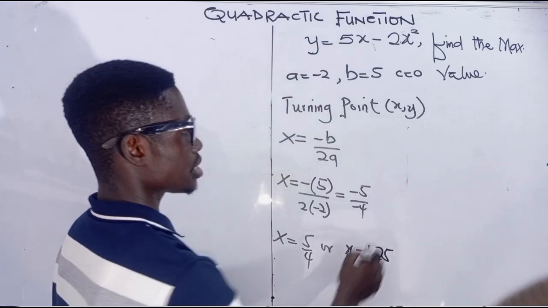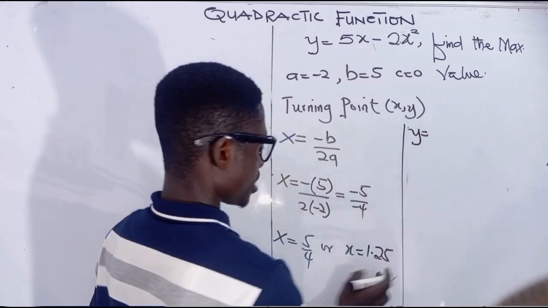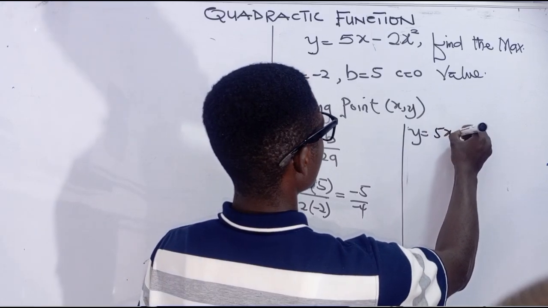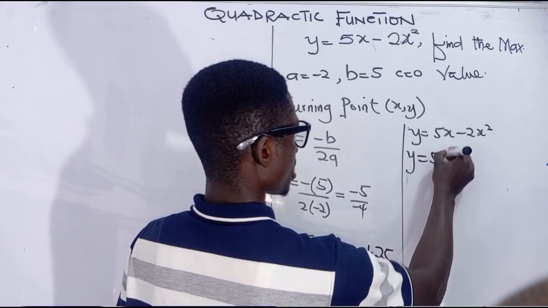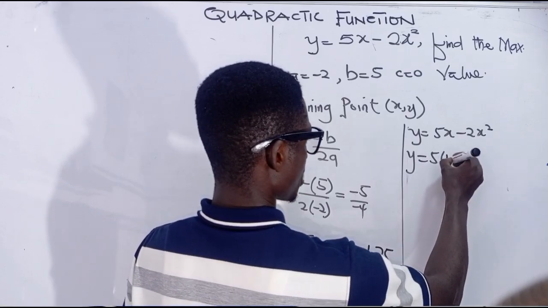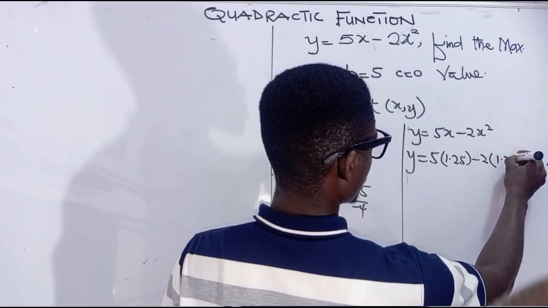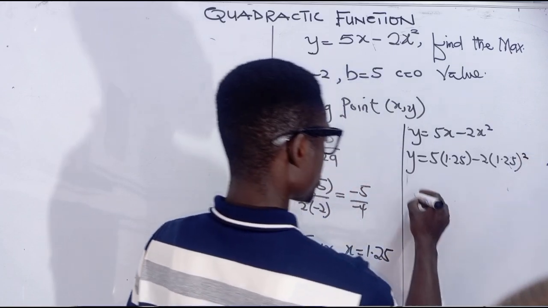Now that we know the x coordinate, we can find our y coordinate by substituting the x coordinate into the quadratic function. So we have 5 multiplied by 1.25 minus 2 times 1.25 all squared.